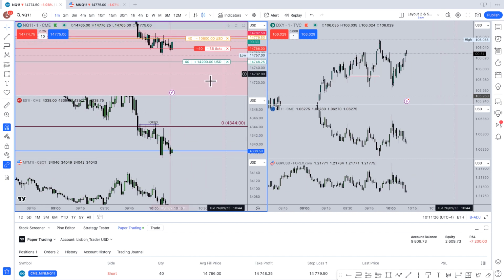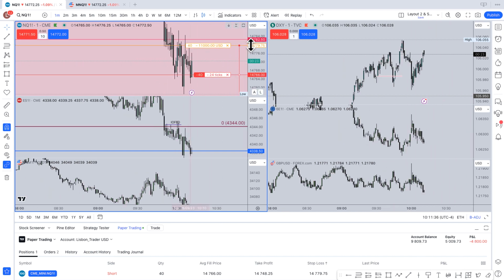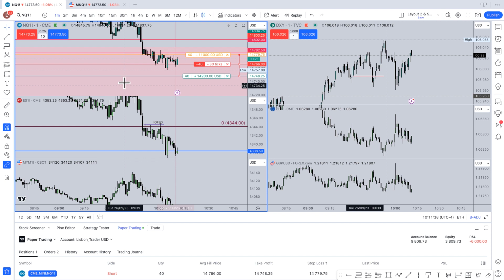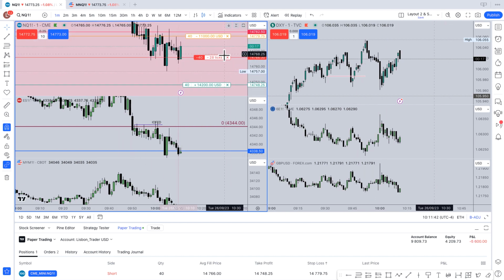It's pushing higher. So equity is 10k roughly, so cannot afford to lose this trade, or we'll call it a day.